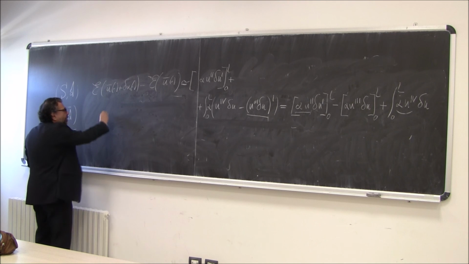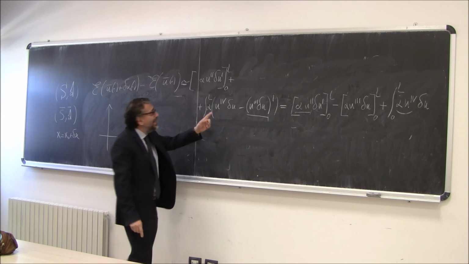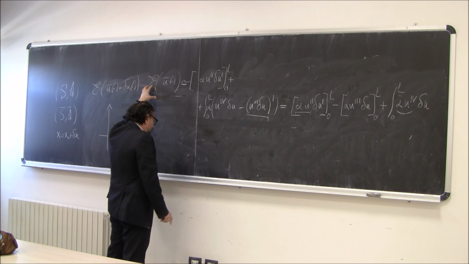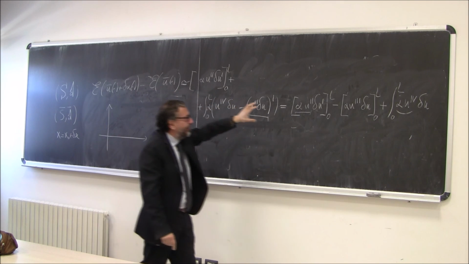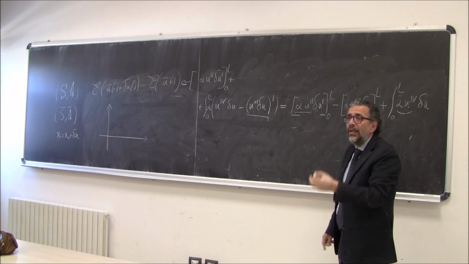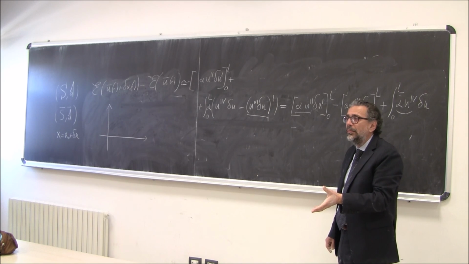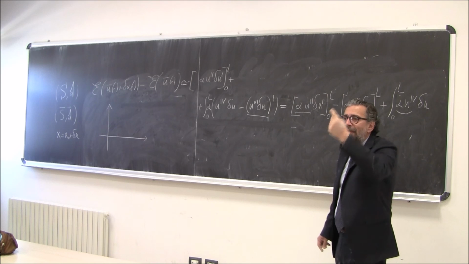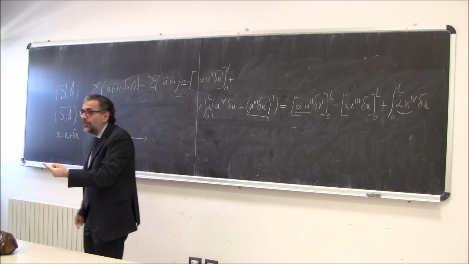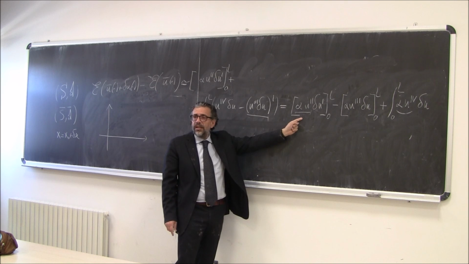Now what we have? We have that this variation has a first variation, this quantity, and we want that u is a minimum. Remembering what we said, minimum implies that this linear variation has to be 0.